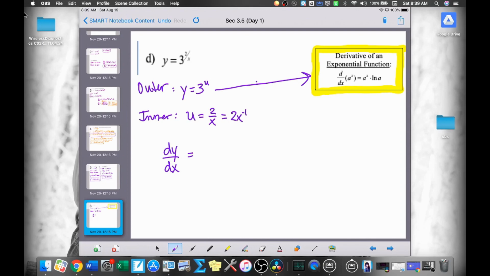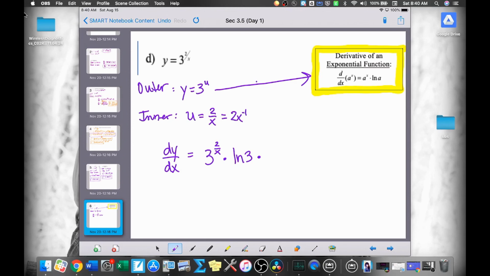So we know that the derivative of 3 to the u is going to be 3 to the u, so in this case 3 to the 2 over x, times the natural log of the base, so times natural log 3. But now I have to multiply times the derivative of the inner function.